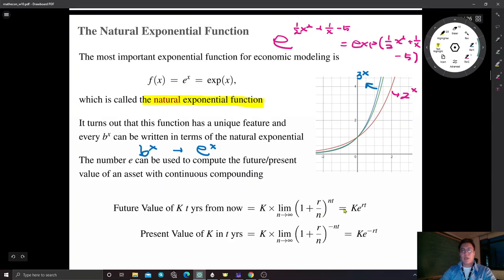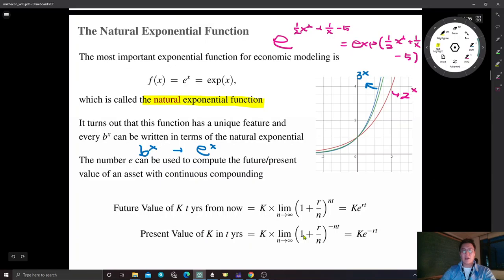So we have a really simple formula for the future value. It can be expressed as a natural exponential function. And the present value of k, so this revenue k is realized in t years, what is the present value of this k?